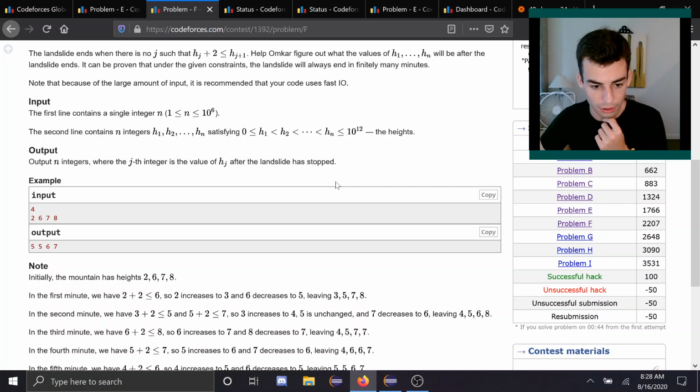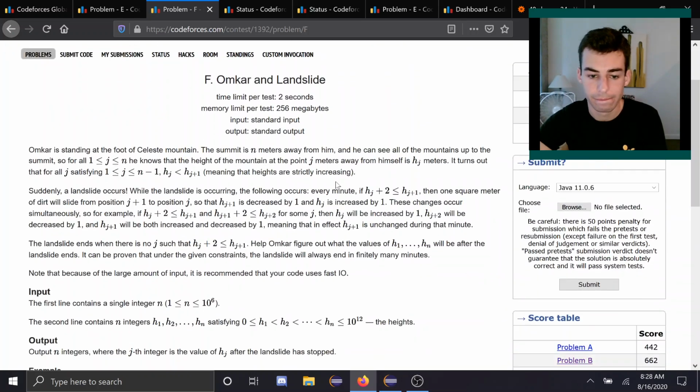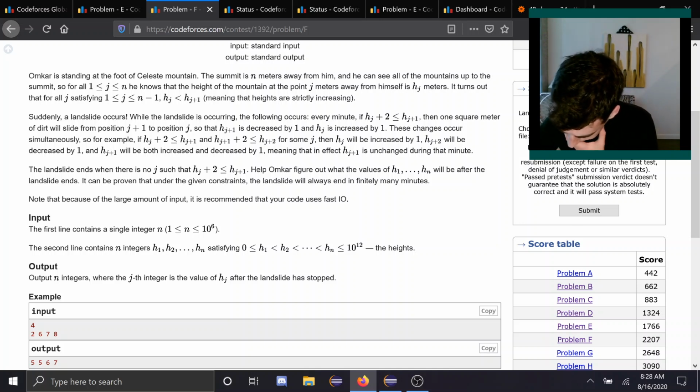So I think we can binary search the answer. Yeah, we can do an n log n, at least. Wait.